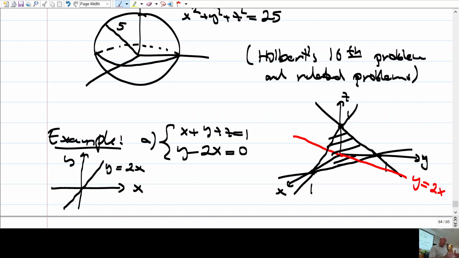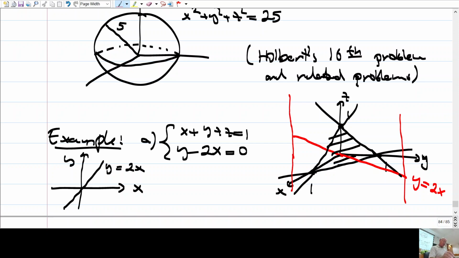In 3 space, of course, this represents a plane. Which plane? You just take this line in the xy plane and you translate it along the z-axis. When you translate this along the z-axis, of course, you will get this plane.